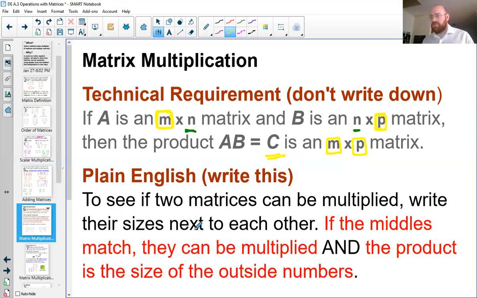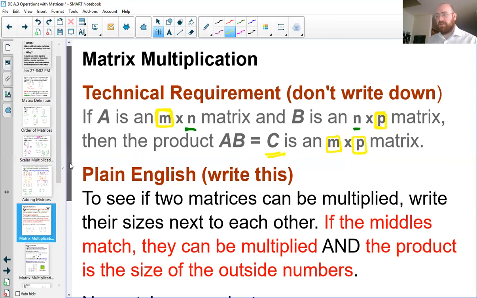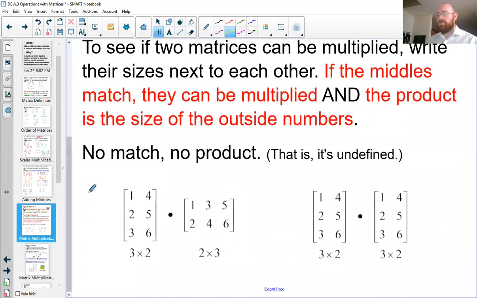In plain English, to see if two matrices can be multiplied, write their sizes next to each other. If the middles match, they can be multiplied, and the product is the size of the outside numbers. So if there's no match, there's no product, and as we saw before, it's undefined.